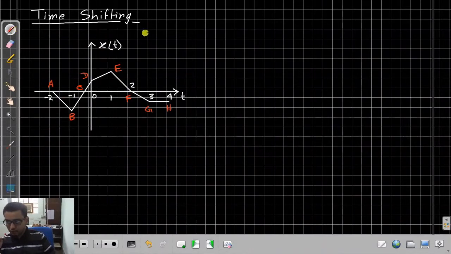And now let us define a new function, say y(t) is equal to x(t minus 1). How will this look like?